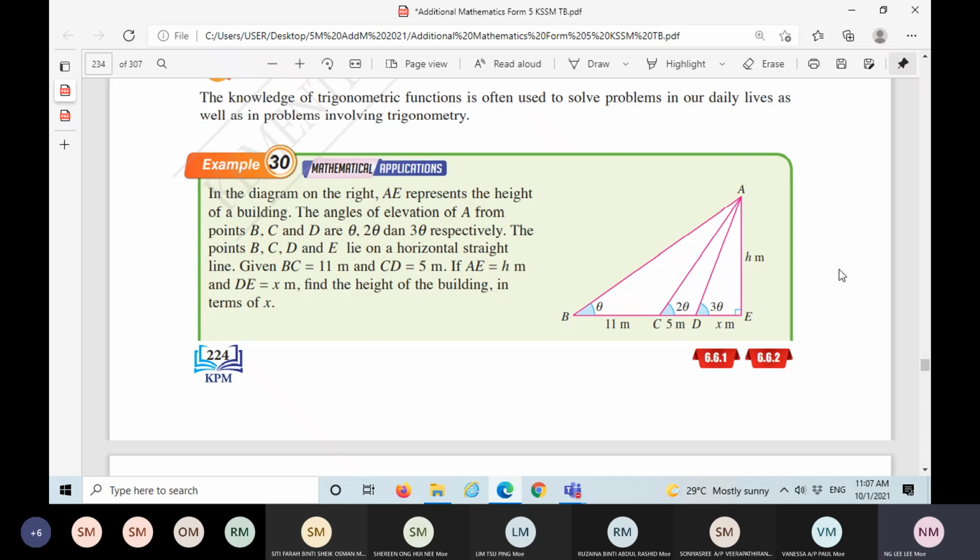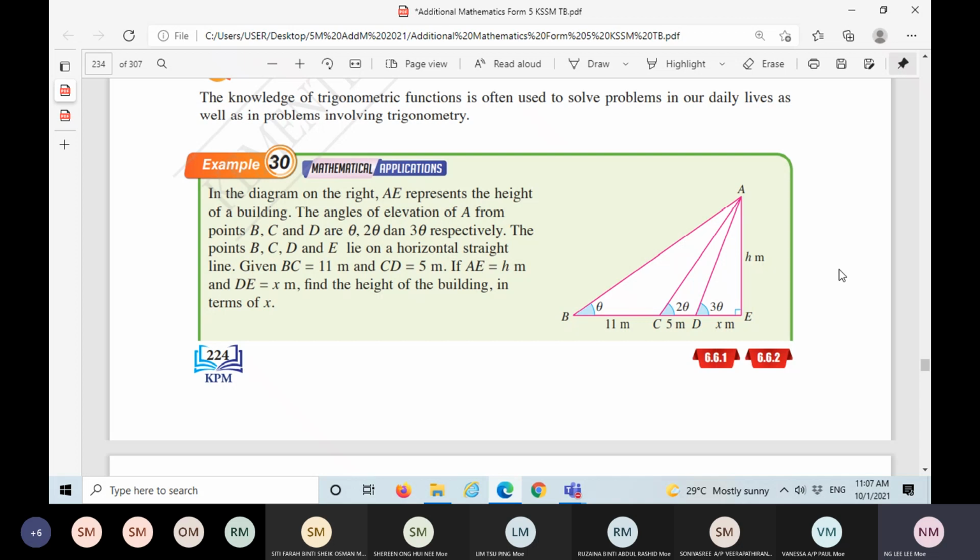Form 1 until Form 3, what you have learned for your modern maths, you cannot say no need already. Even your modern maths, they were tested. So you cannot say, teacher, I forgot already, what is this angle of elevation? You have to do revision on this.